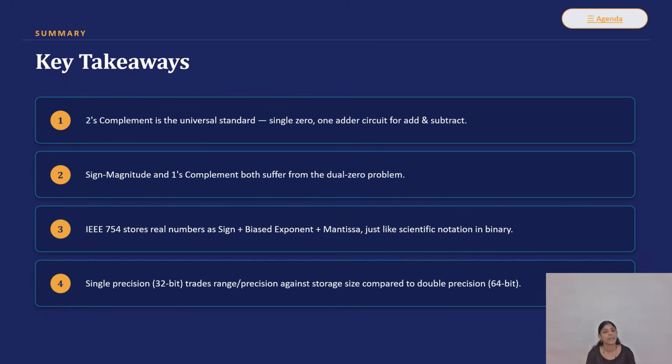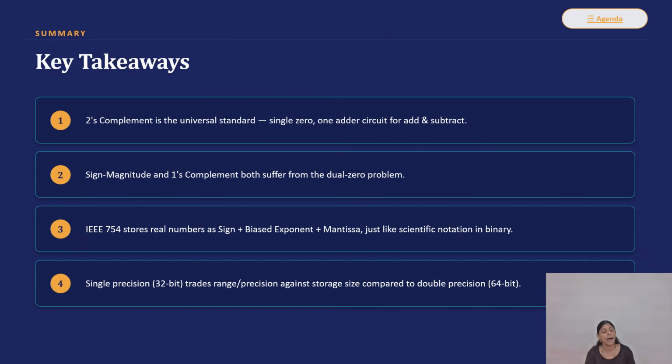So to overcome this problem, we follow 2's complement. 2's complement is a universal standard as well as the industry standard. Here it has a single zero, and one circuit is enough for doing the addition operation as well as the subtraction operation. That circuit is also the adder circuit.